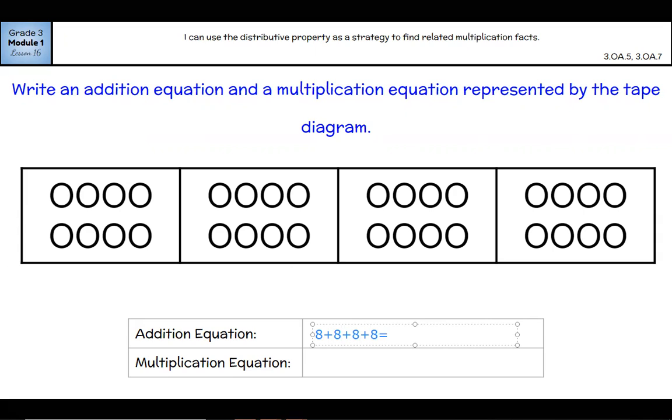And what does that equal? That equals 32. If I wanted to make a multiplication equation, I'm going to think to myself, how many groups? There are 4 times how many in each group? 8. And that still gives me 32.